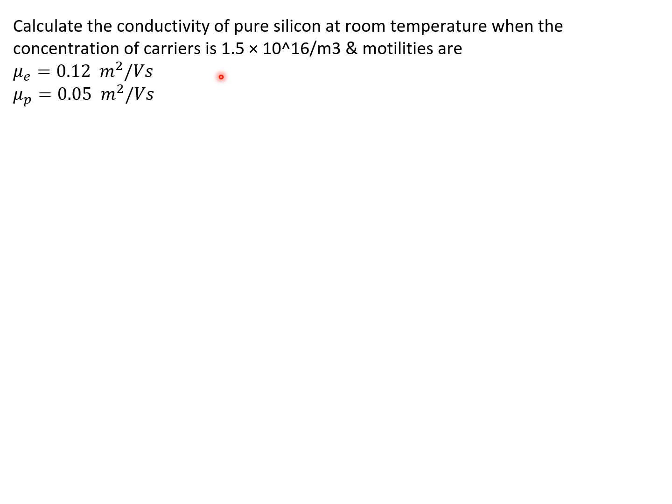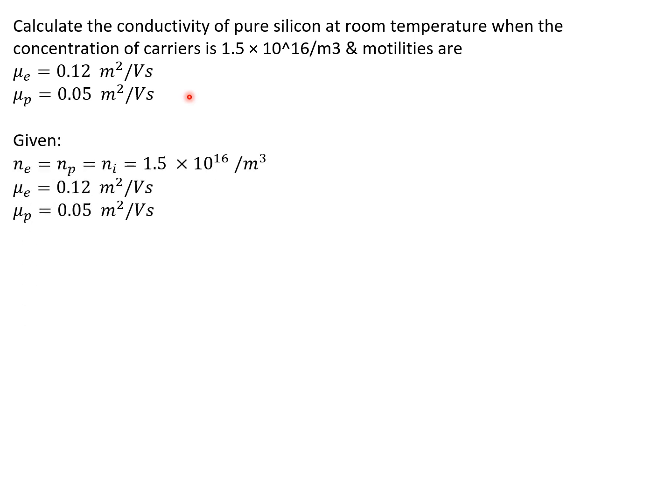So this concentration of carriers is 1.5 into 10 raised to 16 per meter cube, and mobilities of these charge carriers are also given. Mobility of electron is 0.12 meter square per volt second, and mobility of hole is 0.05 meter square per volt second. So this is the data given that we have written.